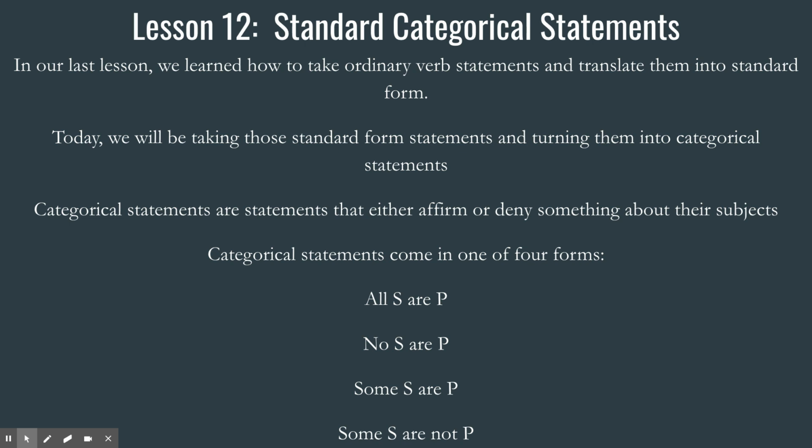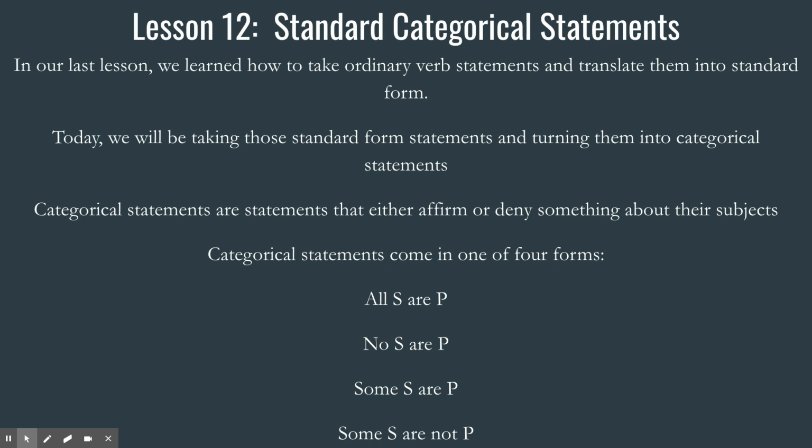Now, could you insert any 2 letters instead of S and P? Yes, absolutely. But can anybody tell me why we use S and P, George? Because that's what the book uses. Well, yes, but why does the book use that? McKeever? Sophie? Subject is predicate. Yes. S is subject and P is predicate. Remember, categorical statements either affirm or deny something about their subject.